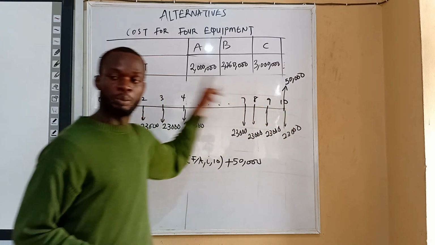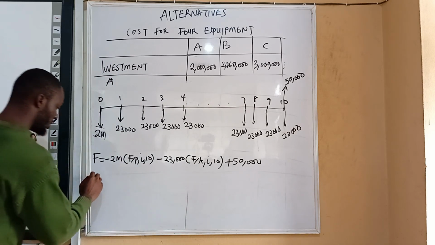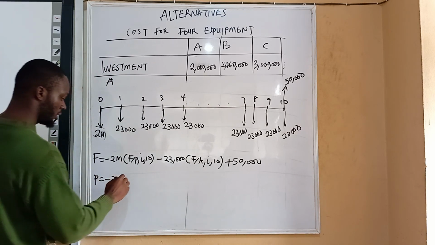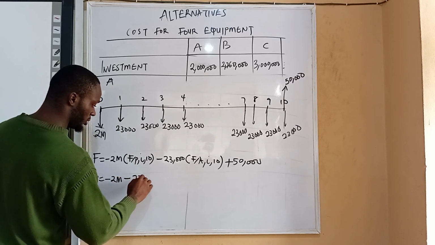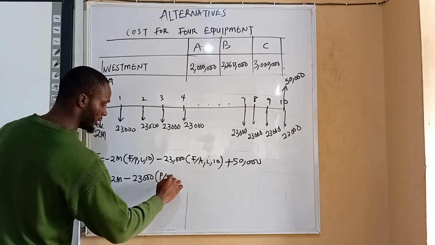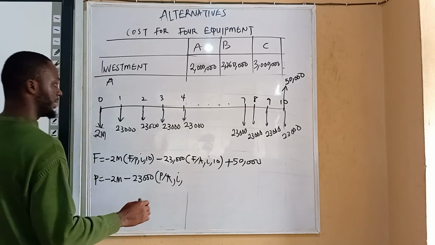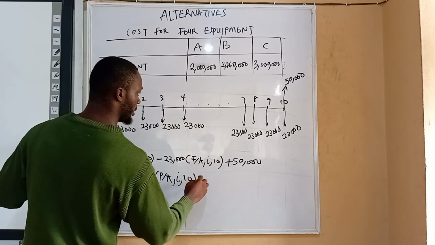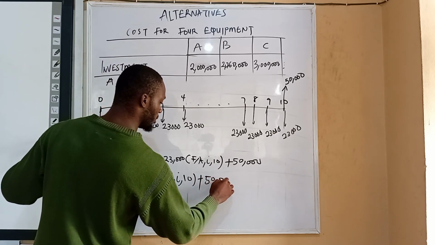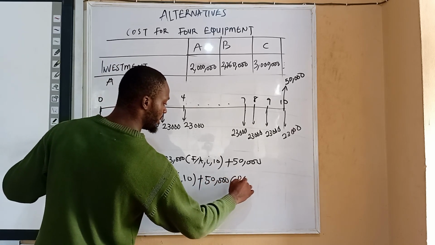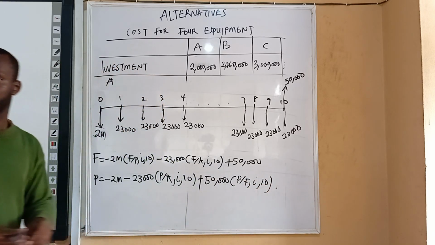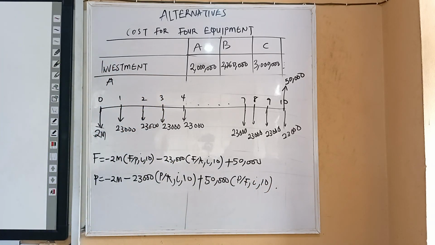If I take it to the present now, it will be minus 2 million, minus 23,000 finding P giving A, i, 10, plus 50,000 finding P giving F, 10.